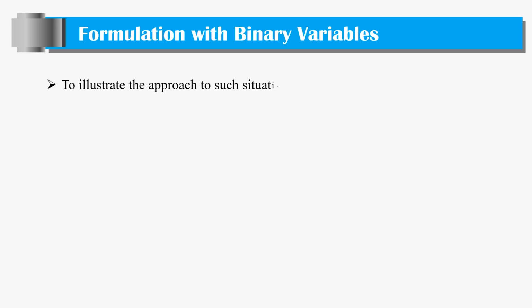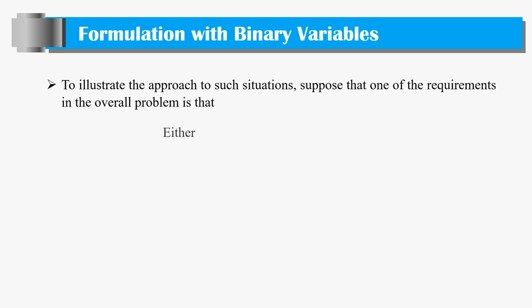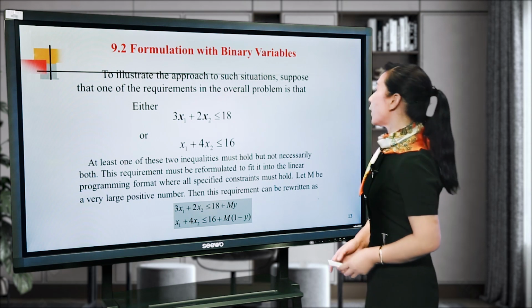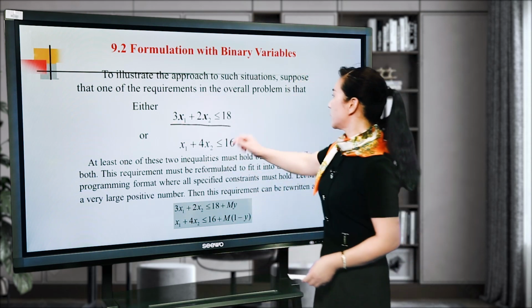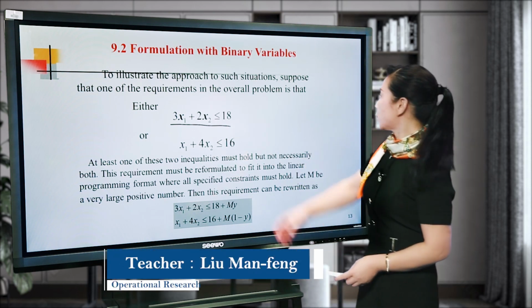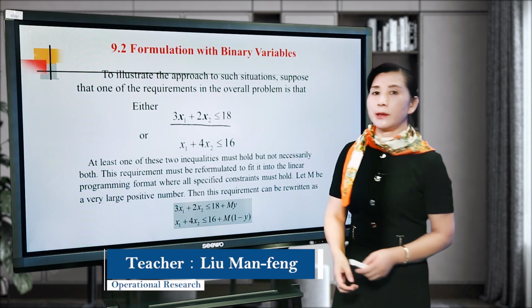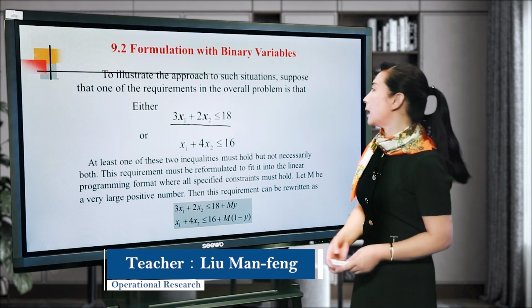To illustrate the approach to such a situation, suppose that one of the requirements in the problem is that either this constraint holds or this constraint holds. Maybe these two resources are alternatives.